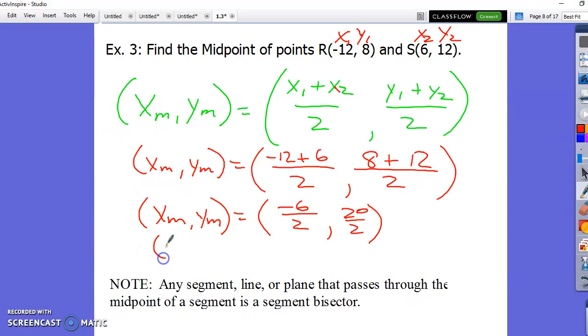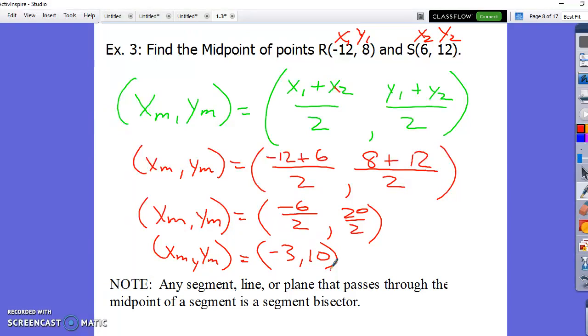And then our last step is just to simplify this. Negative 6 divided by 2 is negative 3. 20 divided by 2 is 10. And the point negative 3, 10 is the midpoint of line RS.